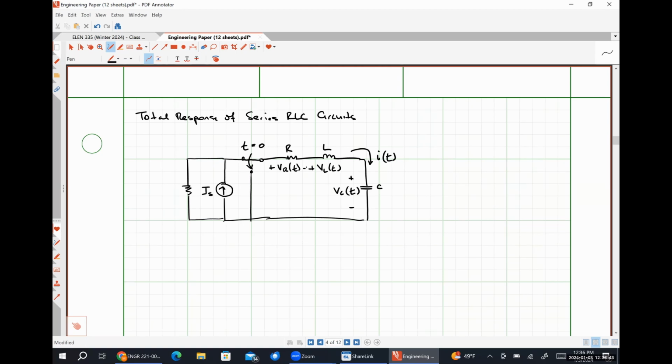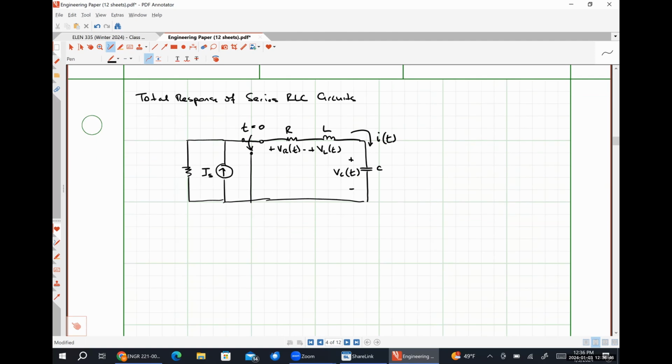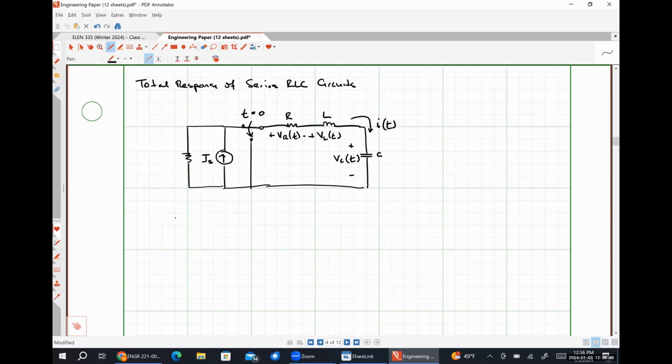So applying Kirchhoff's voltage law around this loop, we wind up seeing that VR plus VL plus VC is equal to 0 during the transient condition.